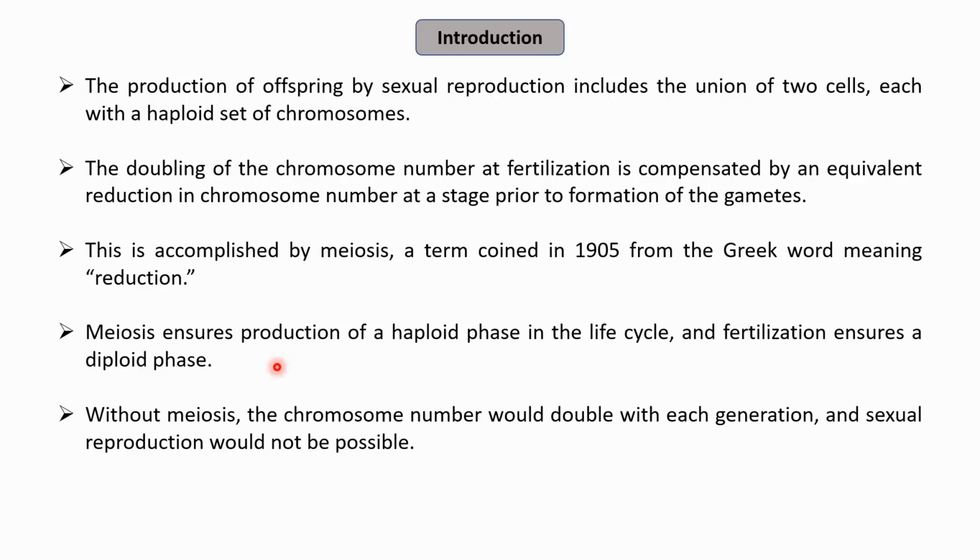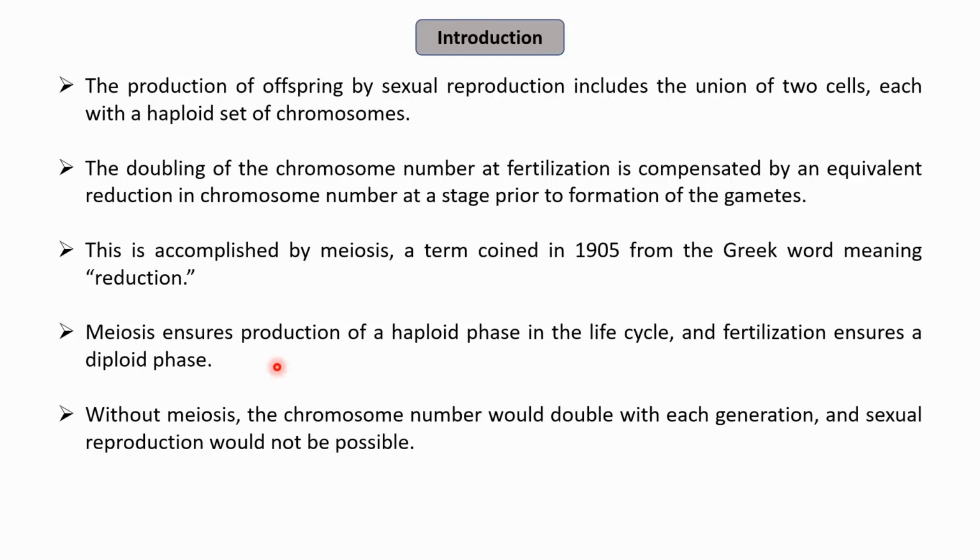Therefore, it is really important that at the time of formation of the gamete, the chromosome number is reduced to half, so that when the gametes fuse, the number of chromosomes after fertilization is the same as the number of chromosomes in the parental generation. So this is the importance of meiosis.